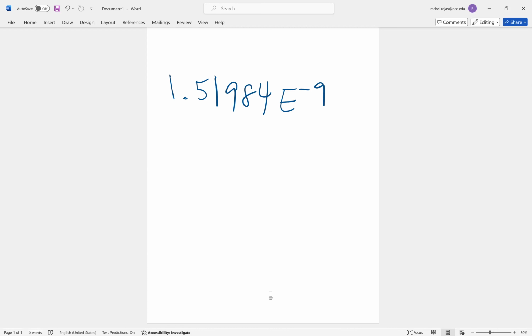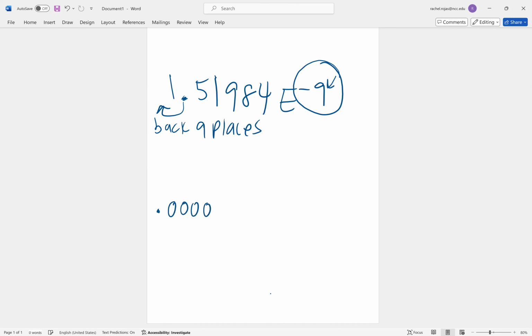So this is like multiplying 10 to the negative 9th power, which is a really, really tiny small number. So the trick is, whatever the exponent is, if it's negative, you're going to move the decimal to the left that many places. So 9 places. So if I move this decimal back 9 places, I'm going to get 0.00000001519884.